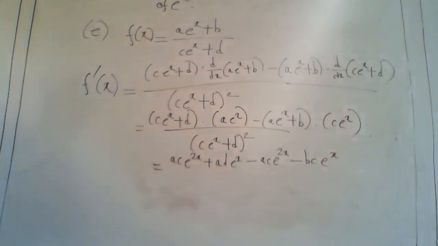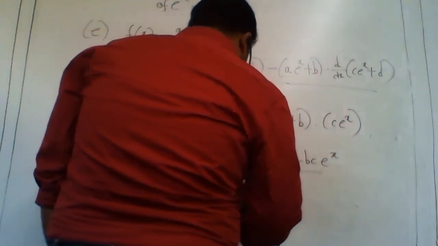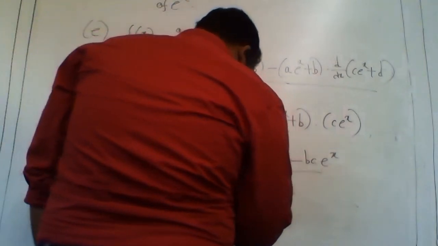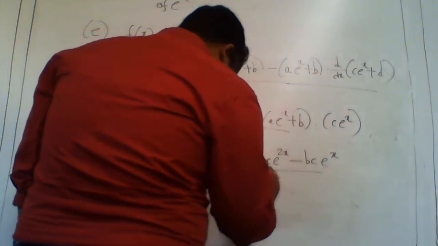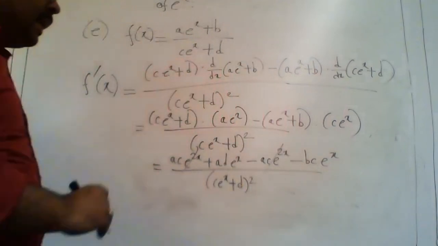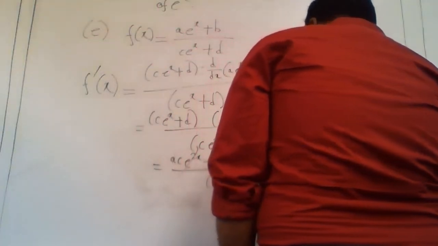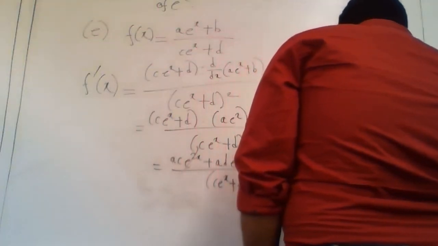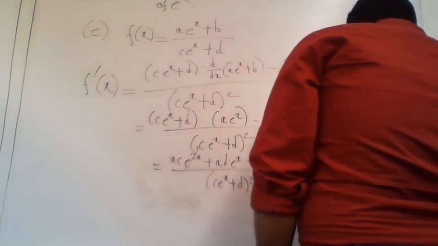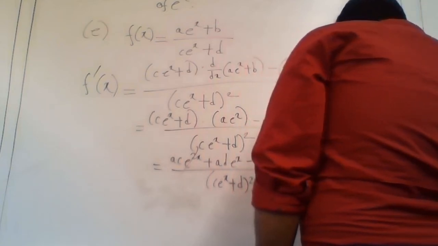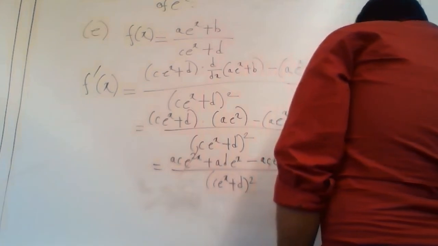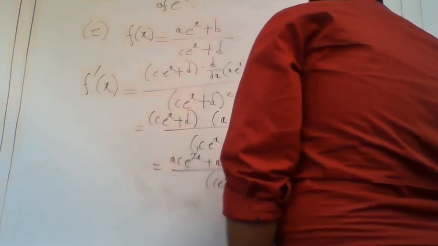So now the ac e to the power 2x terms will get cancelled and you'll be left with (ad minus bc) e to the power x divided by (c e to the power x plus d) whole squared.